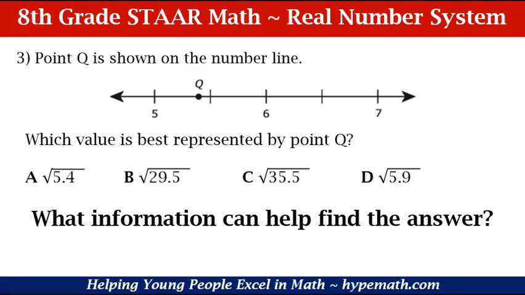If you look at the 5.4 only and not the square root, you'd say, oh, that's answer choice A. And if you're looking at D, you're saying, well, it's kind of close to 6, so I'll say 5.9 may be it. But you have to remember, we're looking for the square root of the number.